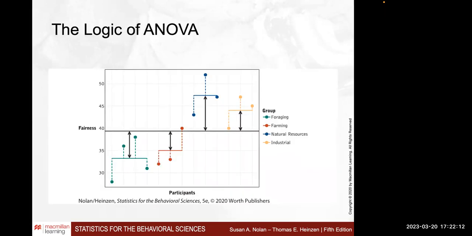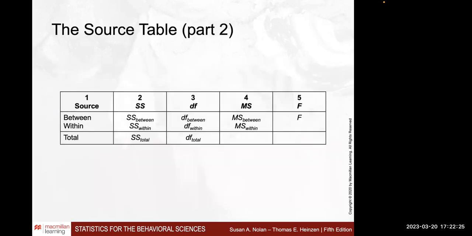The key here is to depict this data in a way that is easy to analyze, and we will look at this in much more detail. But what's important to keep in mind is that we need a way to aggregate this, and this is commonly done in the form of a so-called ANOVA source table. The ANOVA source table gives you the source and the sum of squares, which we know is the squared deviations summed up.